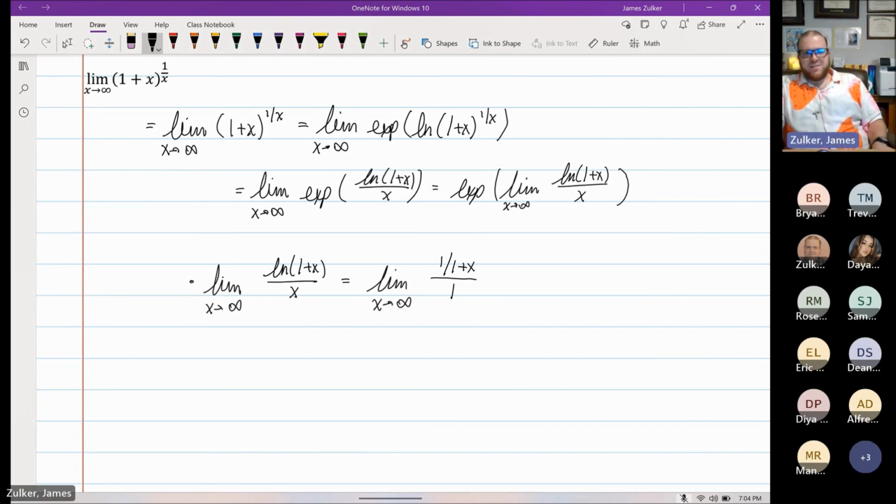Right, so when we use L'Hopital's, this is our new limit. And this limit is 0, right? Because 1 plus x is in the denominator, and it's going to grow without bound.